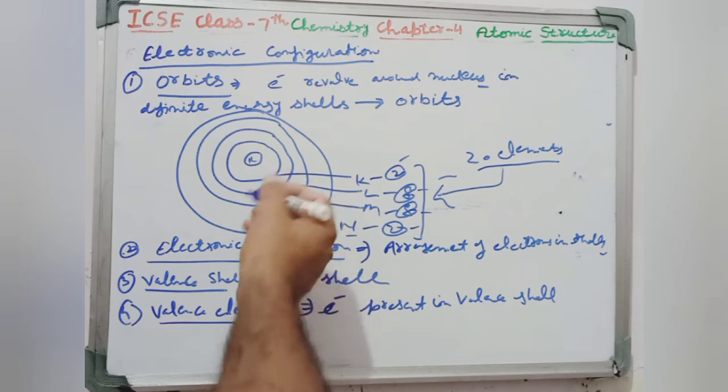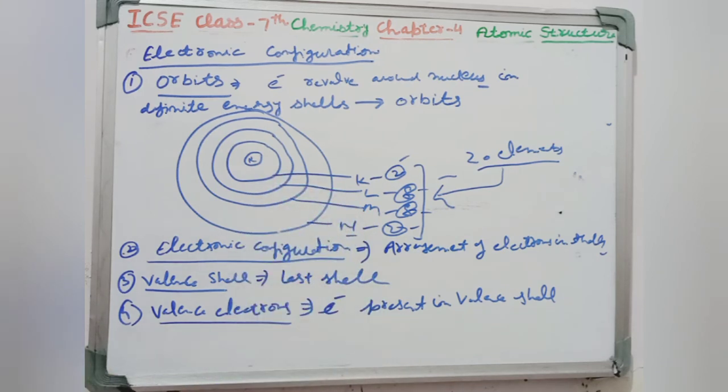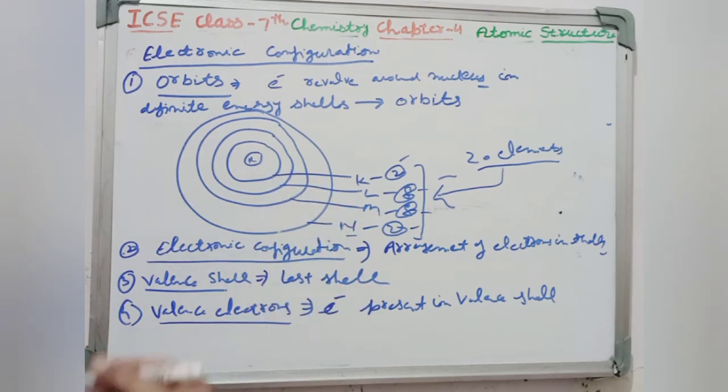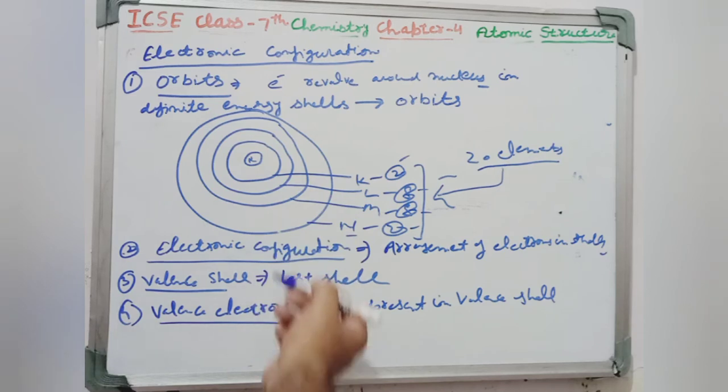As we move away from the nucleus, L has slightly higher energy than K, M has more energy than L, right? And the last shell is N. It has maximum energy compared to the other 3 shells, but it can hold only 2 electrons.